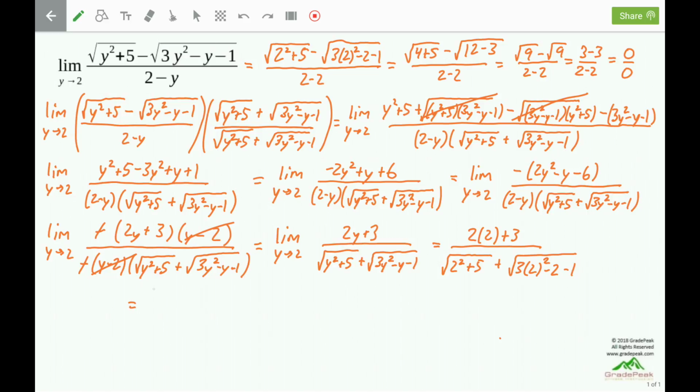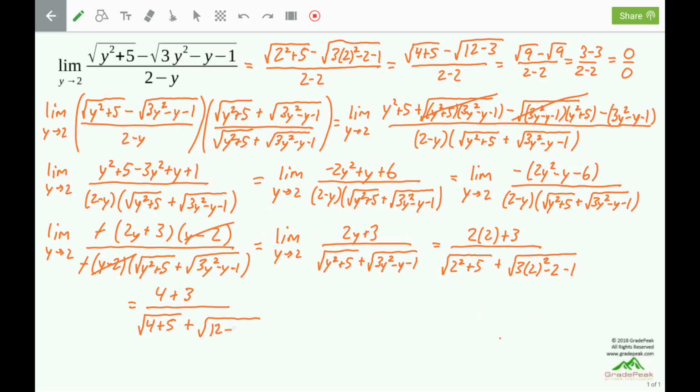So that will give us in the numerator, 2 times 2 is a 4 plus a 3. In the denominator, 2 squared is a 4 plus a 5. And then plus the square root of 2 squared is 4 times a 3 is a 12.